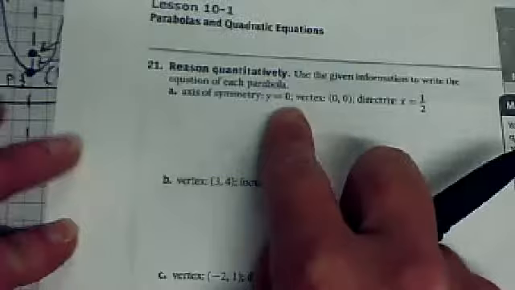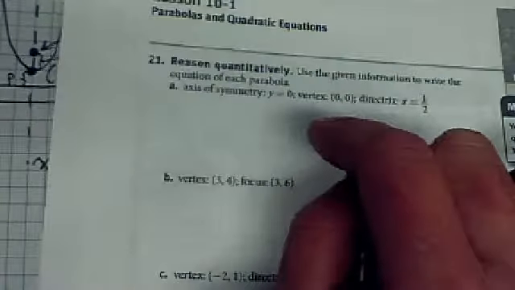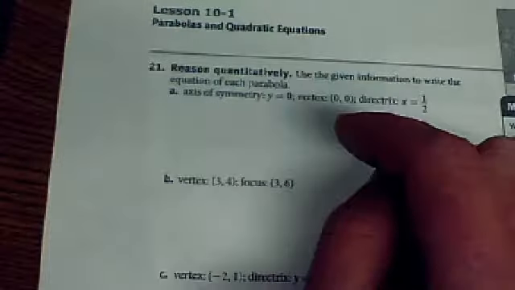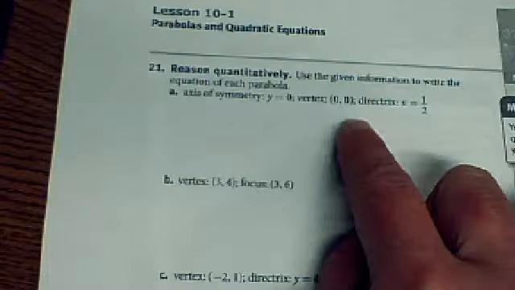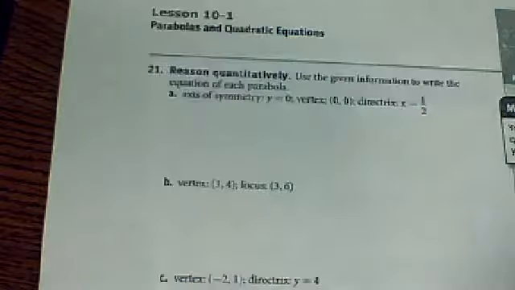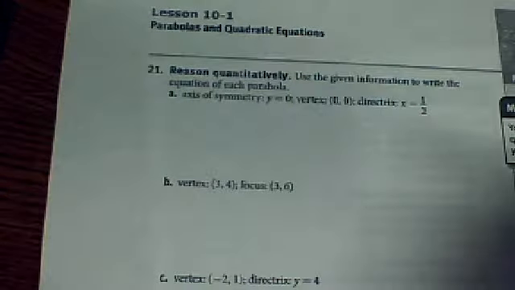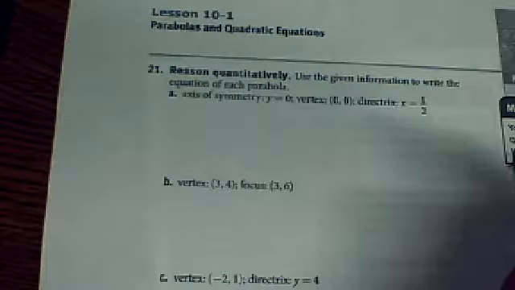Axis of symmetry is y equals 0. And the vertex is (0, 0). And the directrix is x equals 1/2. So let's think about this. Is this going to be a vertical parabola or a horizontal parabola?